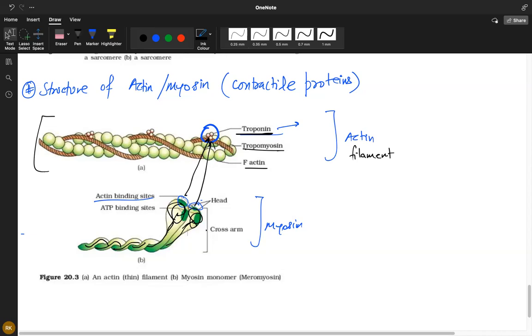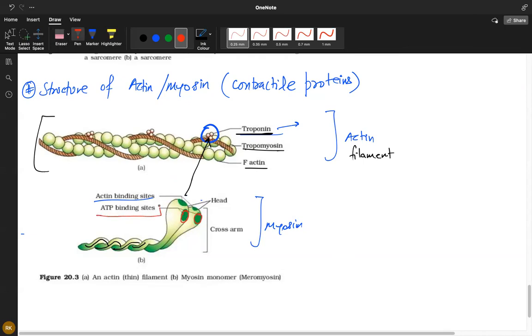There are two here which come together and are wound, like a double-headed snake. And in the head region there are two sites, as you can see. Let me make these things a little clearer. One site I will mark with red, which is this one.